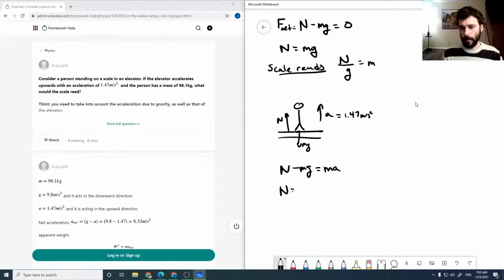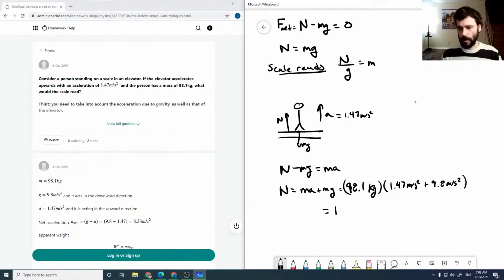So N is equal to ma plus mg, which is equal to our mass, 98.1 kilograms, times our acceleration of 1.47 meters per second squared, plus g, 9.8 meters per second squared.